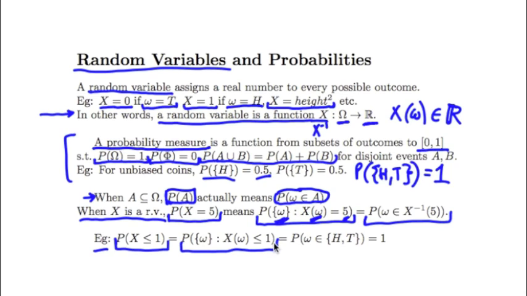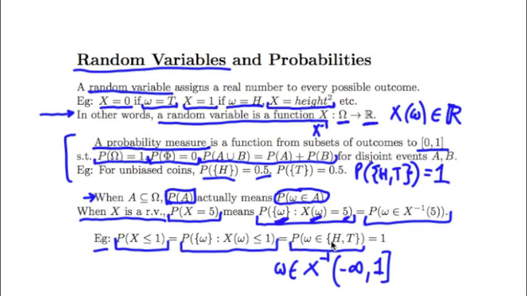This is just the probability that omega lies in X inverse of (minus infinity, 1]. That set is the same thing as saying omega lies in {H, T}.